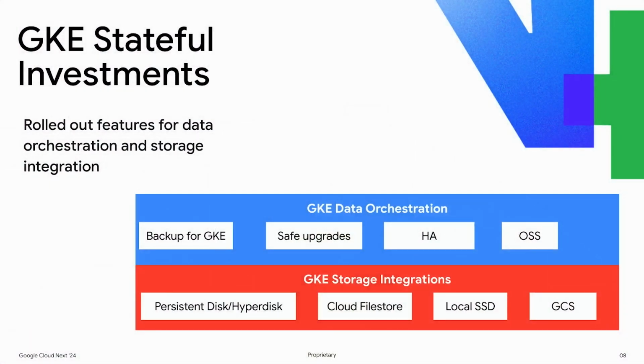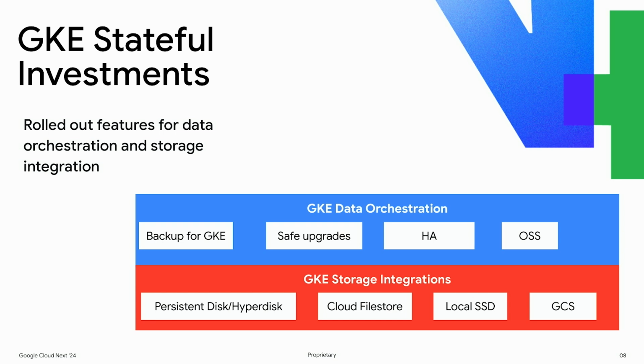What we eventually saw was we asked customers why, and there were two reasons. One is they didn't have enough safety features in terms of data orchestration, things like backup, HA, and Kubernetes upgrades. Those really concerned them when it comes to data.